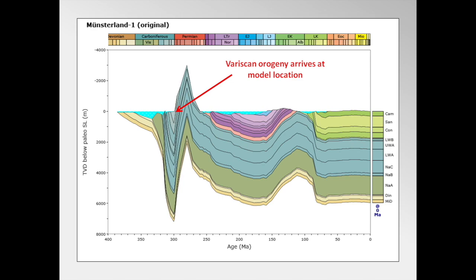This model also shows our interpretation of the elevation of the Variscan mountains as a function of time. The elevation history shown here is not based on data, but rather develops from our interpretation of the magnitude and timing of uplift, and of timing and amounts of erosion, both synorogenic and post-orogenic.